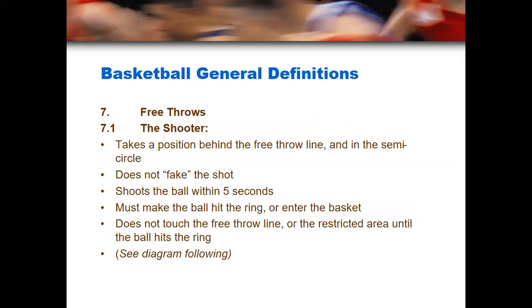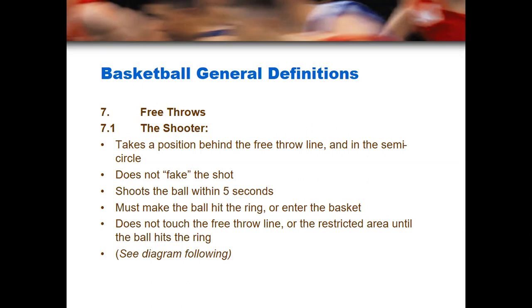Okay, and then free throws. So just all the rules surrounding the free throw: the shooter takes a position behind the free throw line, which is under the small semicircle, and does not fake the shot. So you're not allowed to fake a shot to throw the defenders off. And then shoots the ball within 5 seconds.